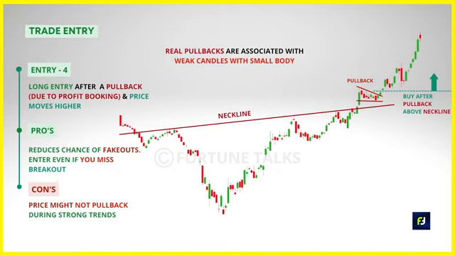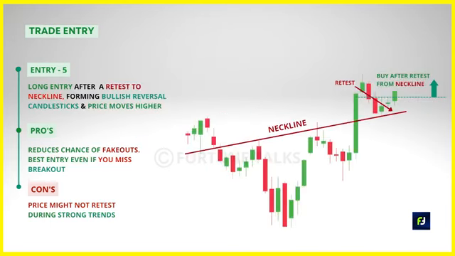But what if we get a steep pullback with large bodied candles? What would we do then? So if the pullback is very deep, then we will wait for the price to retest the neckline or the previous resistance turned support level where we expect the buyers to come in. We need to observe if the price retests the neckline, and if it does, we will wait for a price rejection from the neckline in the form of bullish reversal candlesticks like bullish hammer, bullish engulfing pattern, morning star, etc. And if you find there is a rejection, then you can go long on the very next candle.